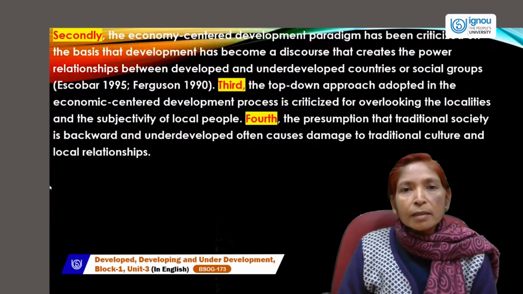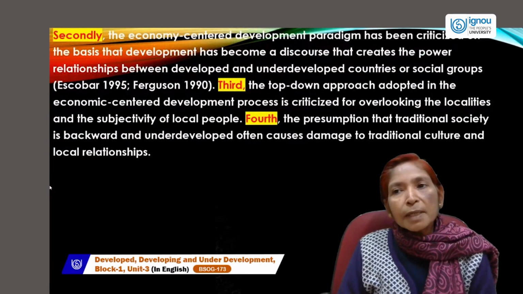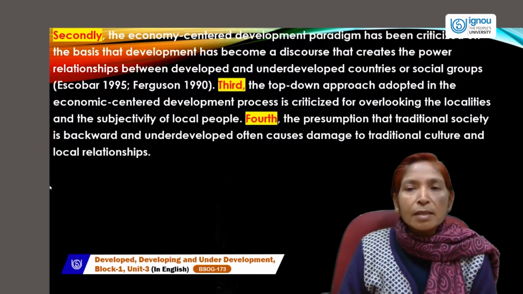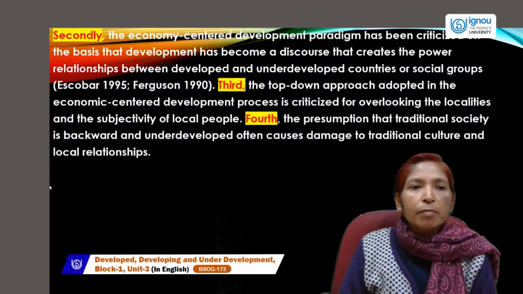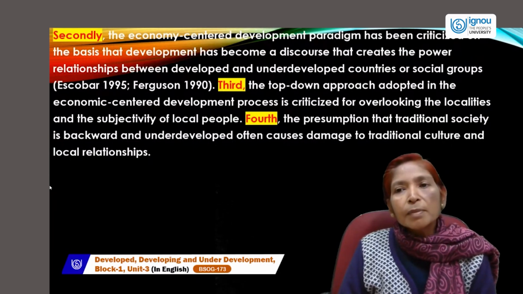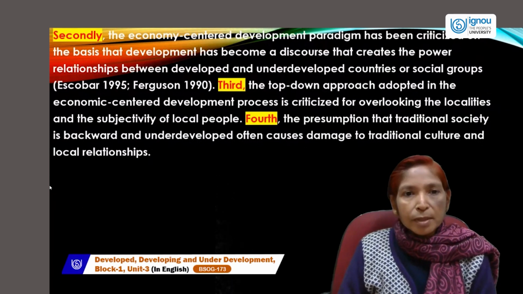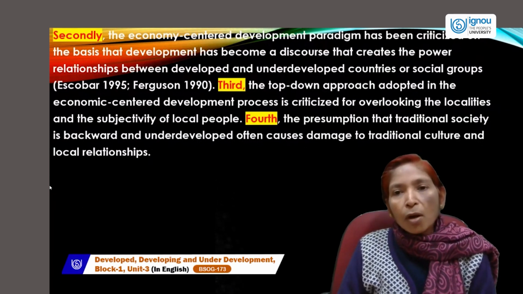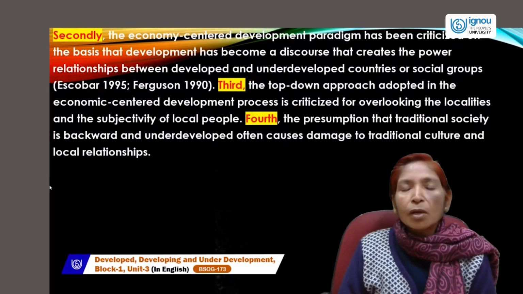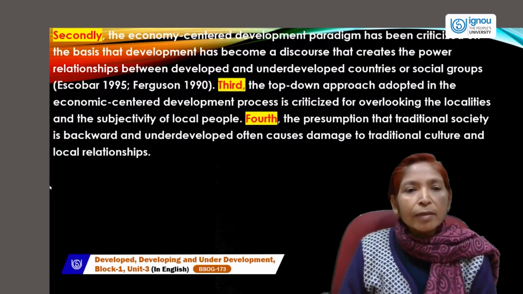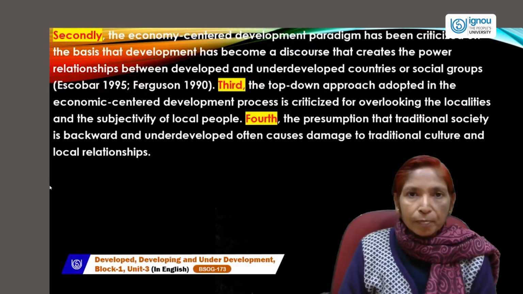Secondly, the economy-centered development paradigm has been criticized on the basis that development has become a discourse that creates a power relationship between developed and underdeveloped countries or social groups. Third, the top-down approach adopted in the economy-centered development process is criticized for overlooking the localities and subjectivity of local people.